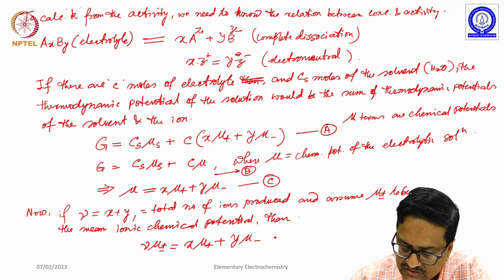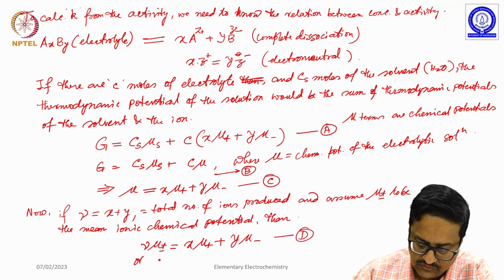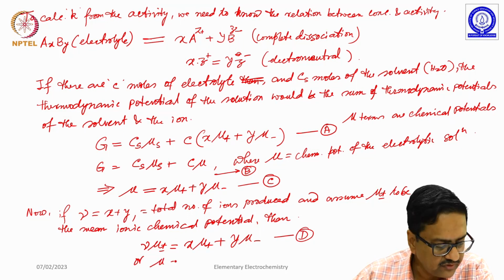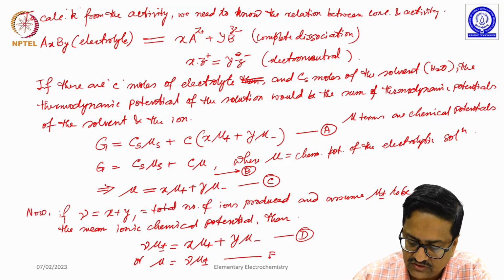We write this equation as equation D, or you can also write mu equal to nu into mu plus minus, which we write as equation E.